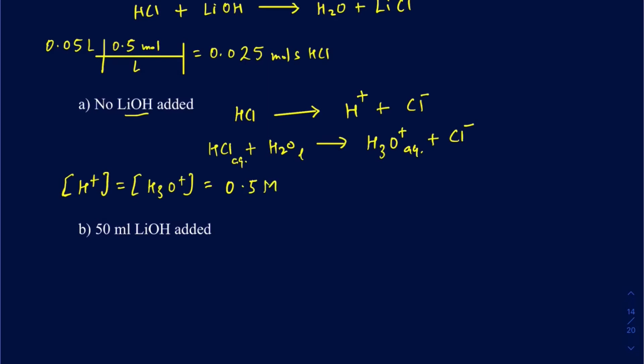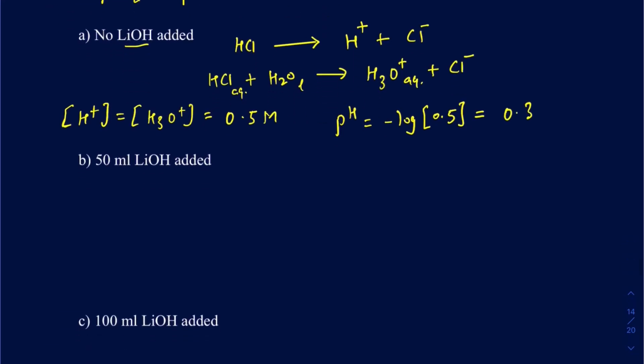And once you know the H plus or H3O plus concentration, you can easily calculate the pH. The pH is the negative log of the H plus concentration, the negative log of 0.5, which comes out to be 0.3 as your initial pH.